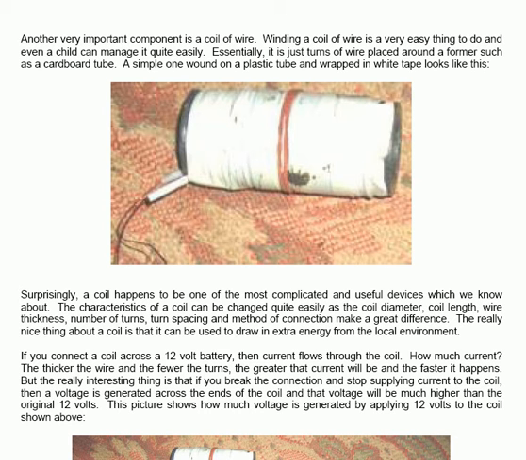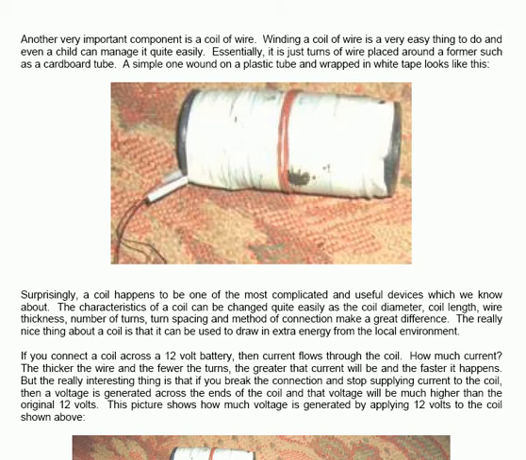The really interesting thing is that if you break the connection and stop supplying current to the coil, then a voltage is generated across the ends of the coil, and that voltage will be much higher than the original 12 volts. This picture shows how much voltage is generated by applying 12 volts to the coil shown above.